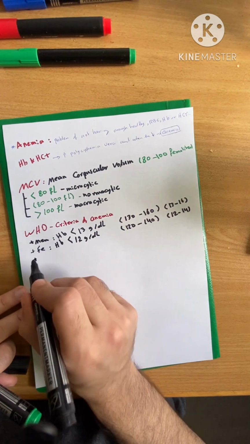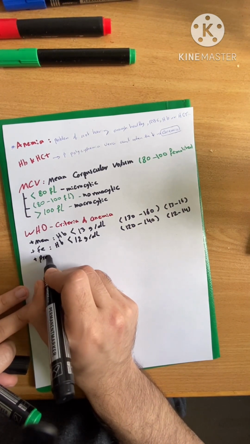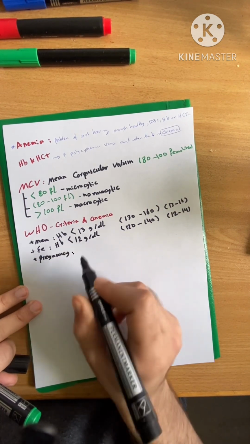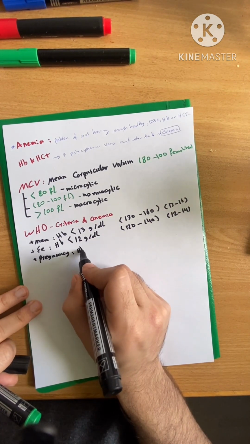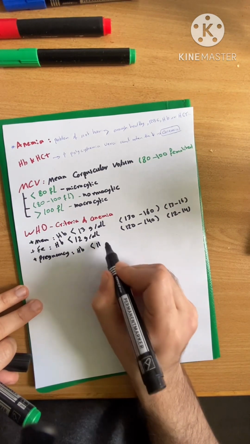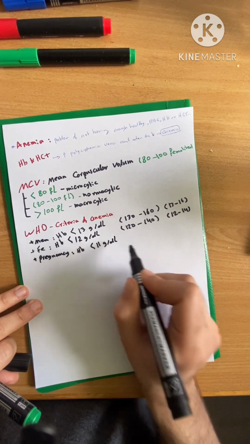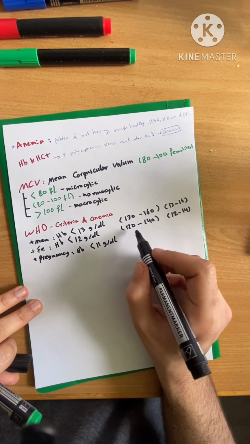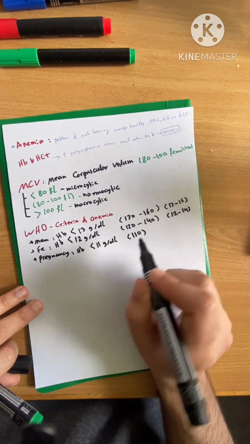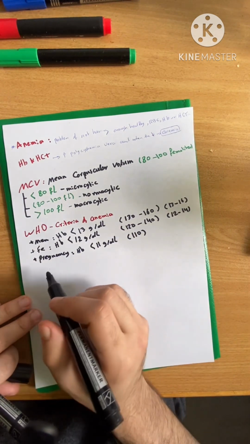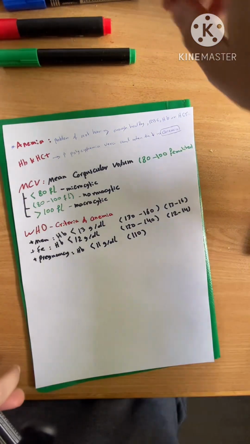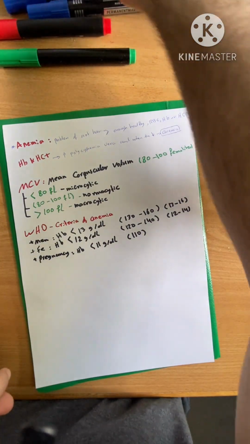In case of pregnancy, hemoglobin should be less than 11 gram per deciliter, or less than 110. In case of children, they also have special criteria.